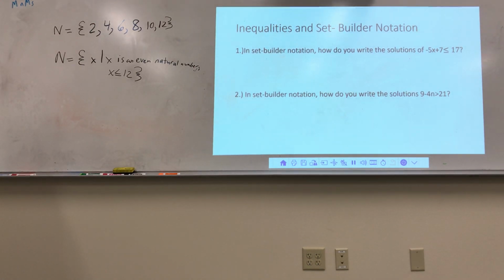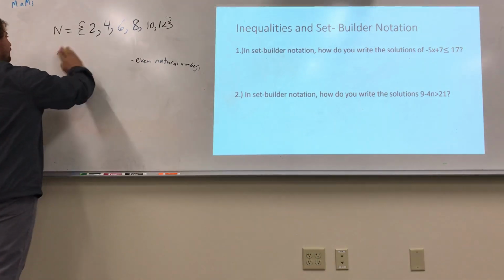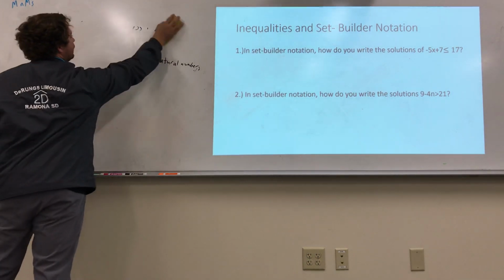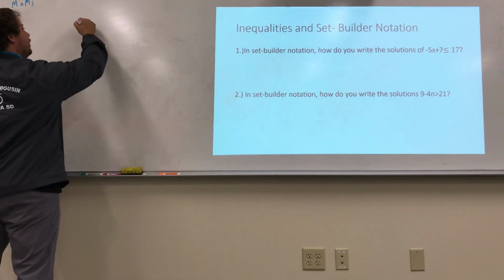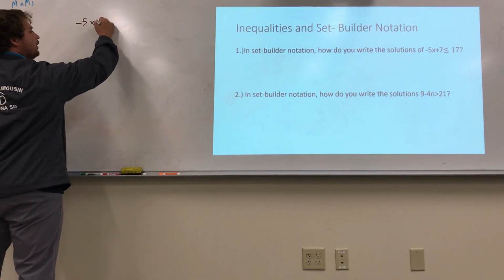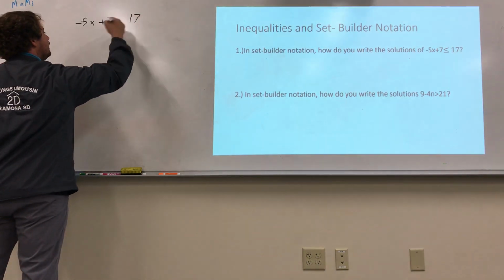Inequalities and set builder notation. In set builder notation, how do you write this inequality? So, the thing that you have to do here is solve first. I'm going to solve negative 5x plus 7 is greater than or equal to 17.